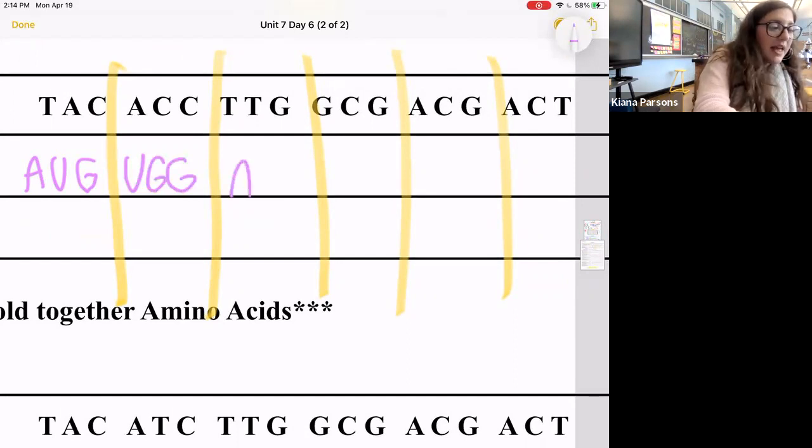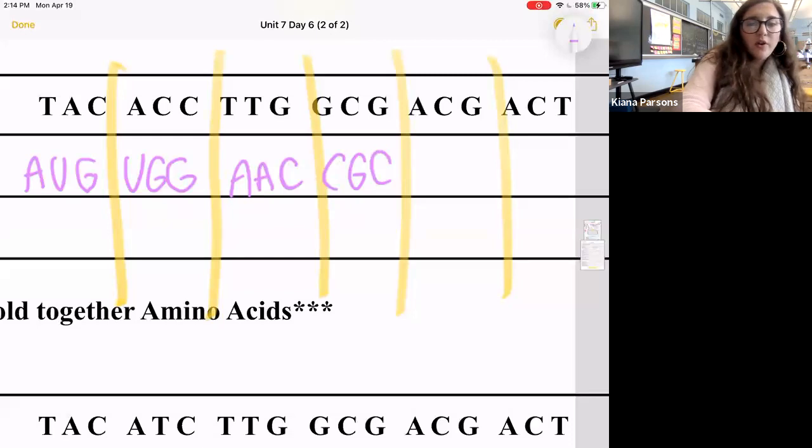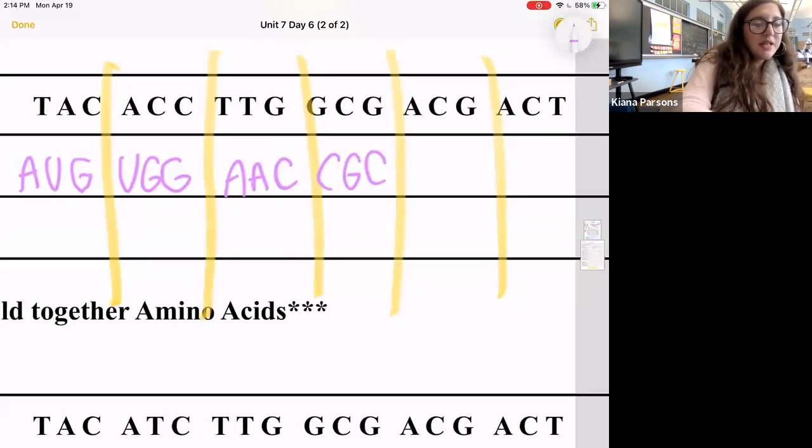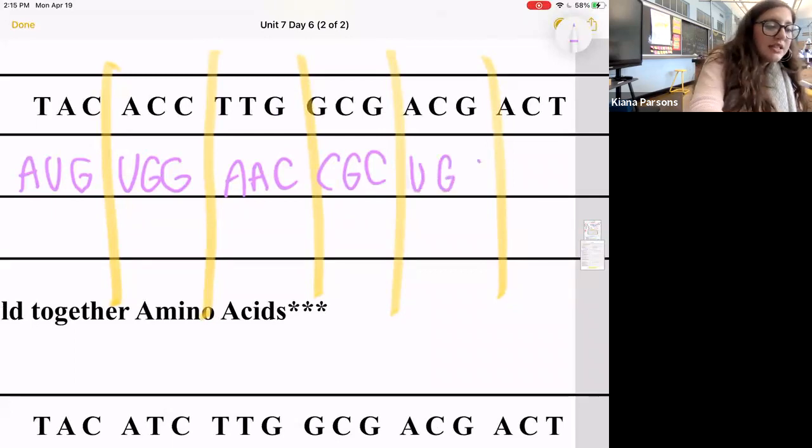TTG is going to become AAC. GCG is going to be CGC. Uh-oh, that's a mouthful. Easy to make a mutation error, but we're not doing the mutated DNA strands yet. ACG is going to become UGC, and ACT is going to become UGA.